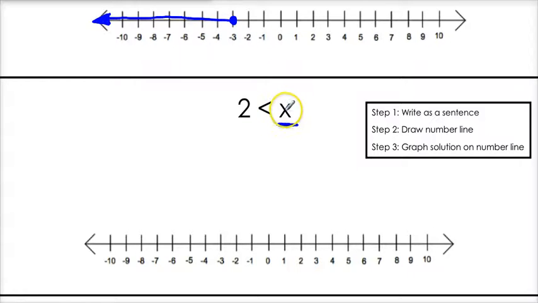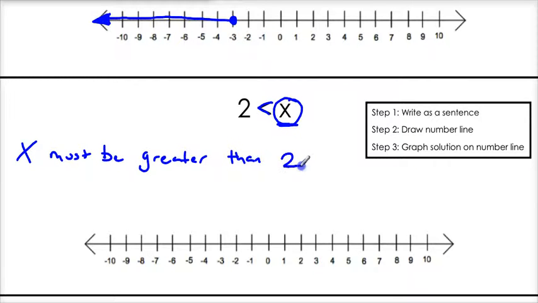And what you say is x is greater than, right, because the alligator mouth is pointing at the x. X is greater than 2. Always start your sentence with the x. Look at the x, which is right here, and then look at the relationship. X is greater than, alligator is eating him, 2. So x must be greater than 2.